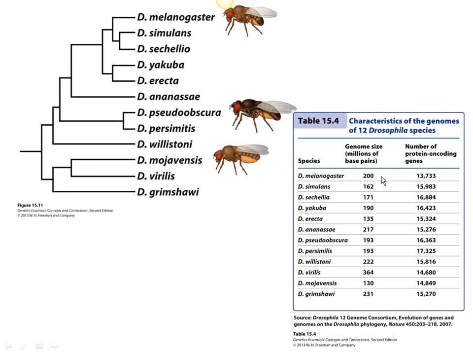This is just a summary of how many genes the computers find and the size of the genome, and then by various algorithms you can put the species into groups of evolutionary relationships. Along the x-axis here would be time. If you're not familiar, this is an evolutionary tree, and as you go back in time, it shows the branches coming together. That shows where the common ancestors would occur between these groups.